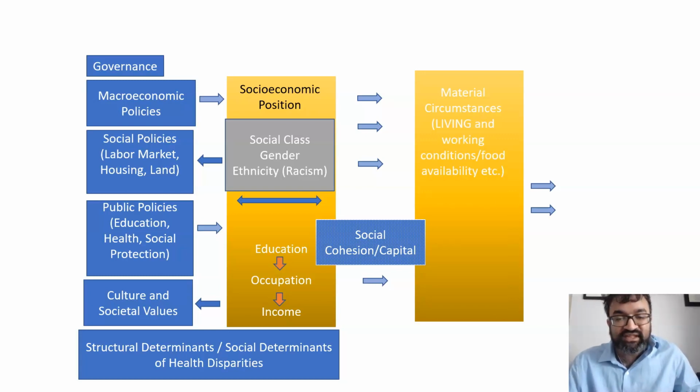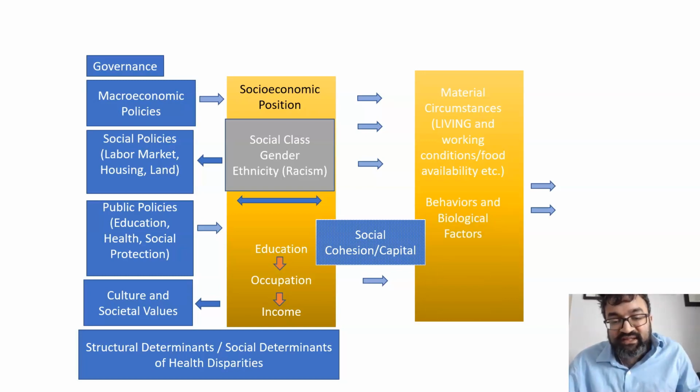Understanding that the living and working conditions and food availability contribute to the material conditions that allow for a person to be successful and have the basic needs met within society.